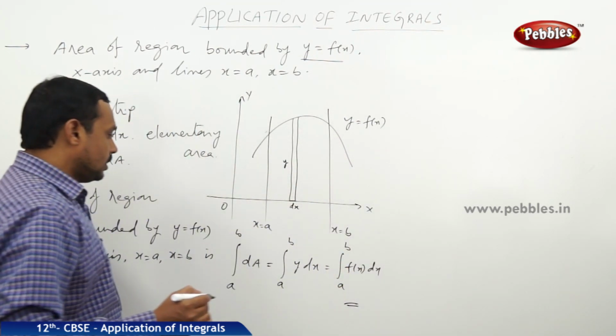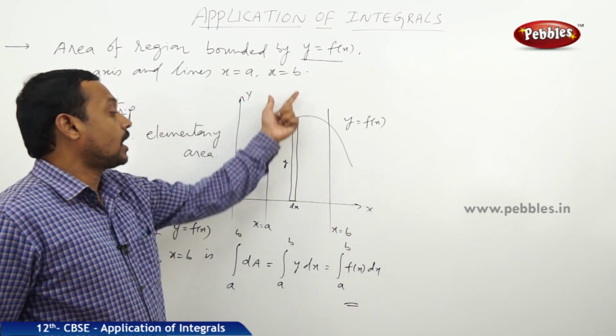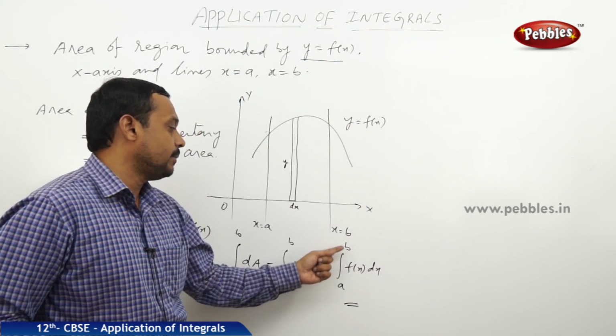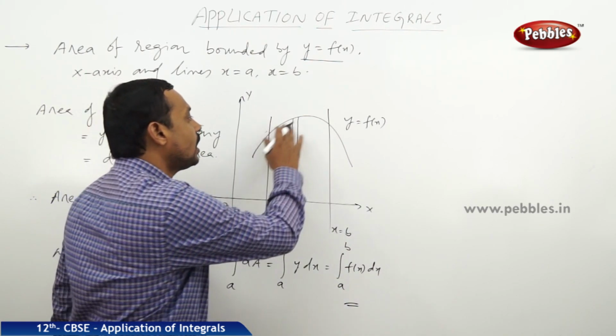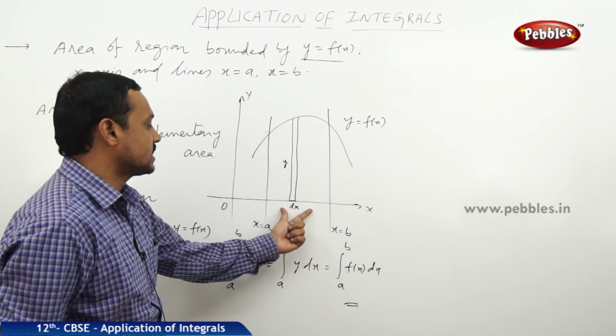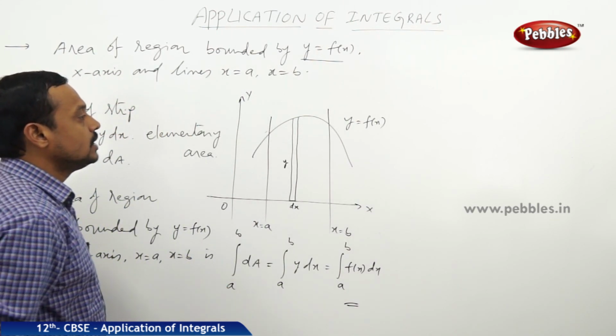So you just integrate the given curve f of x with respect to x under the limits a to b. That gives the area of the region bounded by the curve with x-axis between the lines x is equal to a and x is equal to b.